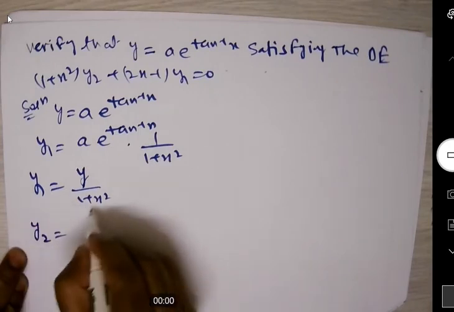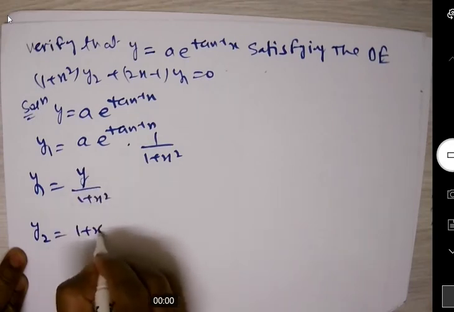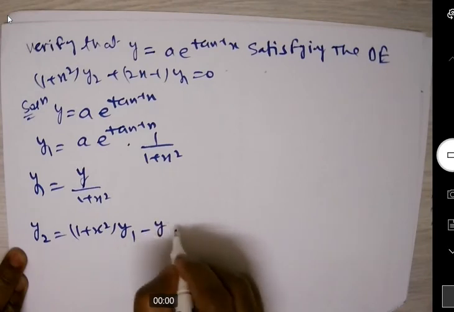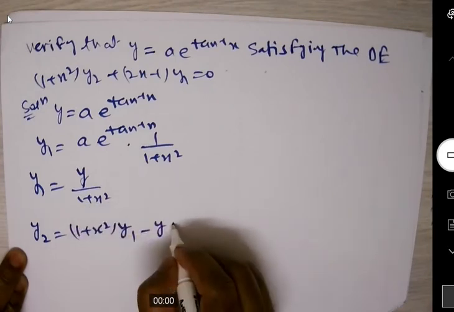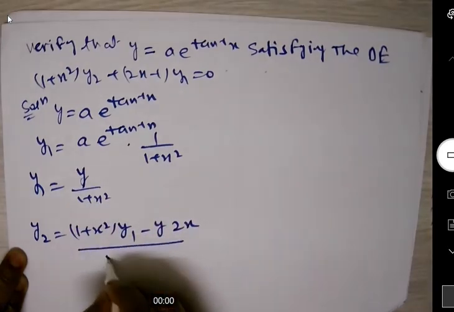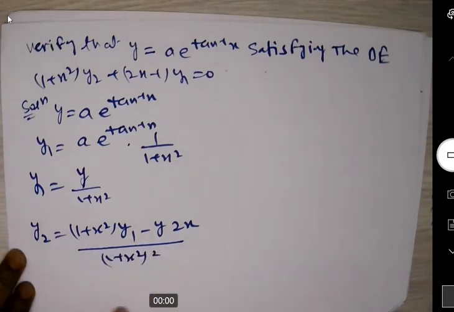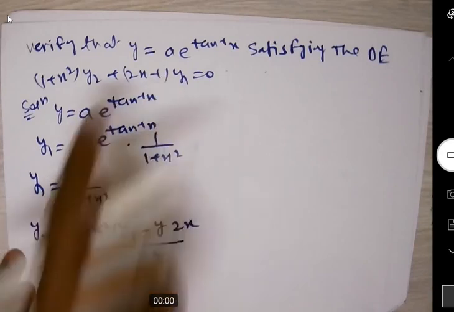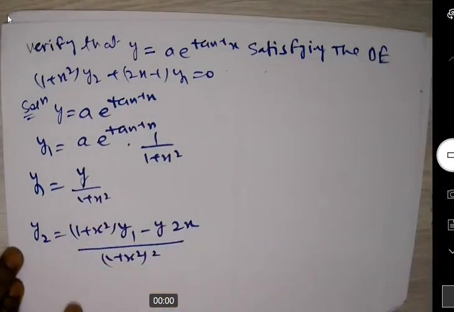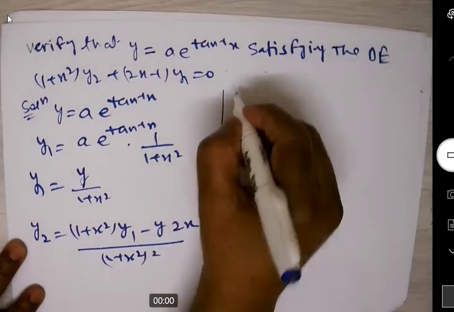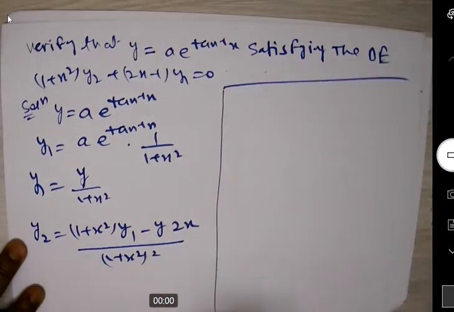So y2, use the division rule: 1 plus x square, derivative of y is y1, minus y, and derivative of 1 plus x square is 2x, divided by 1 plus x square power 2. Now this is the second derivative and you need the second derivative in that one.